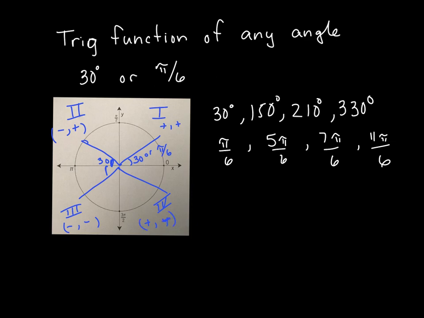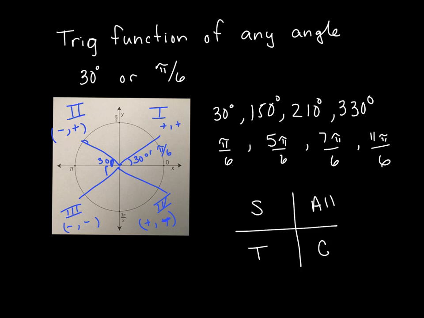Now we have a mnemonic for that. If you look at this quadrant, all are positive here. The sine and the cosecant are positive in the second quadrant. The tangent and the cotangent are positive here. And the cosine and the secant are positive here.